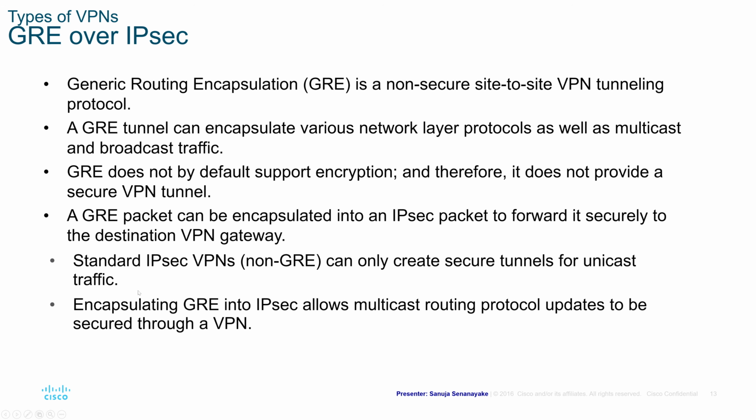Using GRE encapsulation with IPsec allows us to route both multicast and unicast data through a secure VPN tunnel. So GRE is a non-secure site-to-site VPN tunneling protocol, but GRE in combination with IPsec security can be used for multicast and unicast communication through a VPN tunnel.